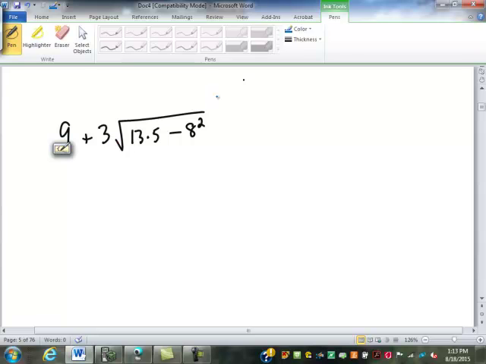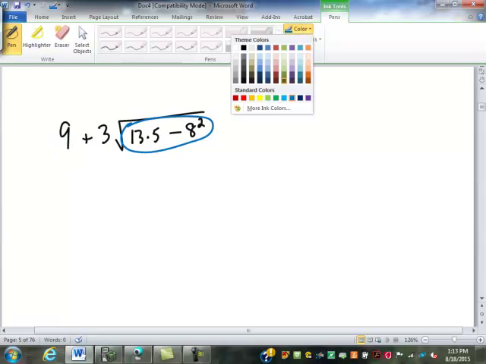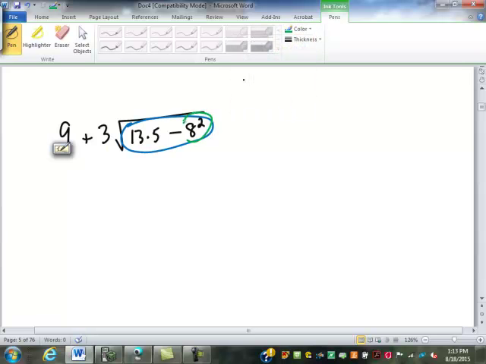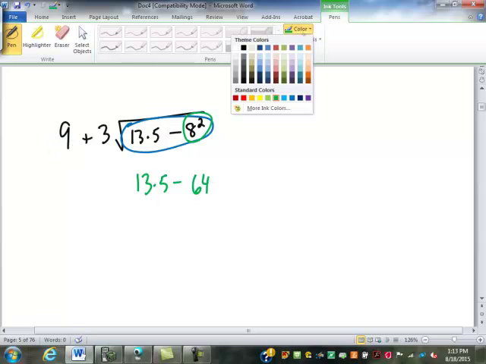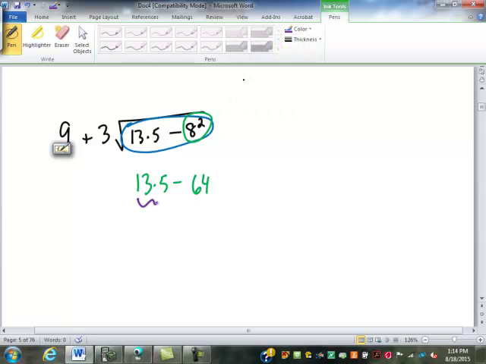Inside the square root. That is it. It's two things there. It is an exponent, but it's also an enclosing symbol. It's basically saying we got to do everything inside of it first. So inside there, what do we have to do first? 8 squared, the exponent. 64. Then what? 13 times 5, which is 65. And then what? Subtract. 65 minus 64 is 1.